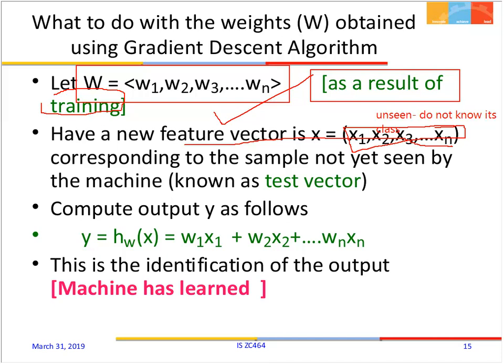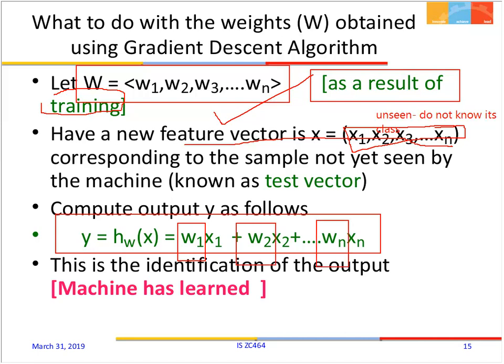So how is the testing done? It is done through the same simple formula here. You know that W1, W2, etc. are already known through training. Okay, this is through the gradient descent algorithm, and these x1, x2, x3, xn, etc. are being used of the object that has to be recognized, right? x1, x2, xn are not coming now from the training data.